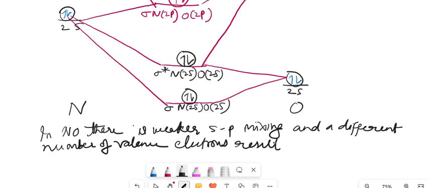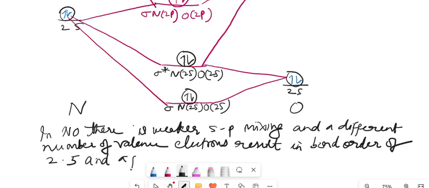That results in a bond order of 2.5 and a paramagnetic character. Here we can see that 1 electron is unpaired.